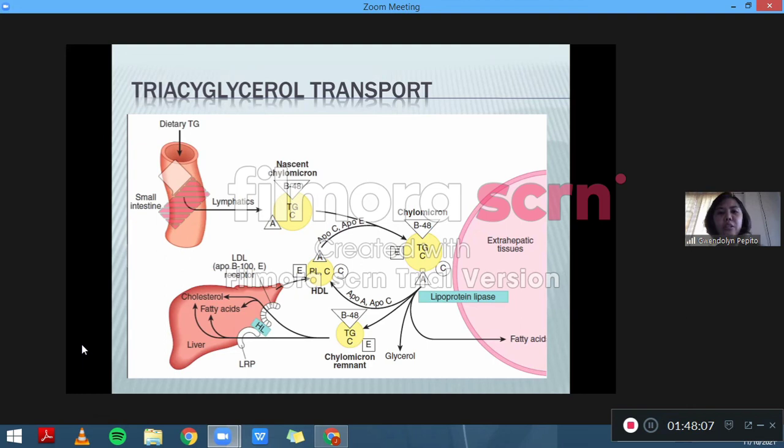You're eating triacylglycerides. From what form or kind of food can you have high triacylglycerols? Aside from eating fatty foods, what type of macromolecule can you derive your triacylglycerols from?